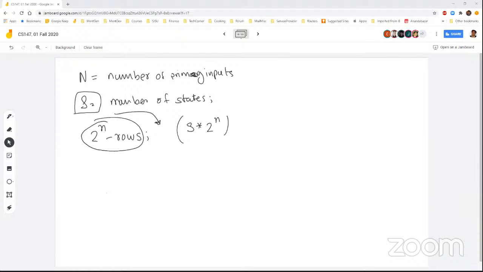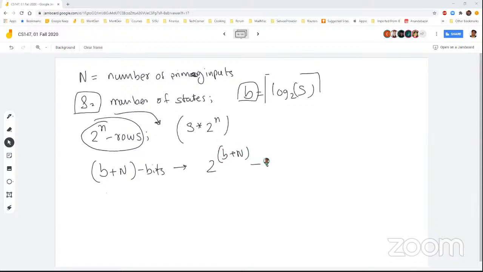Yeah, so basically, okay, I see the points here. This is more from a truth table construction perspective. What it is saying is that the number of bits B is log base 2 of S. Then, thinking from a pure truth table perspective, you have B plus N bits in the truth table, so that gives you 2 to the power B plus N rows anyway.